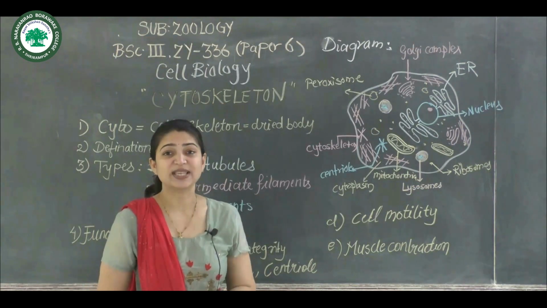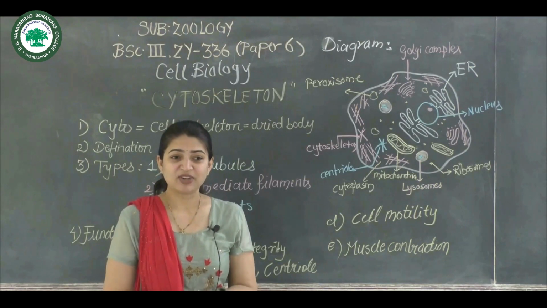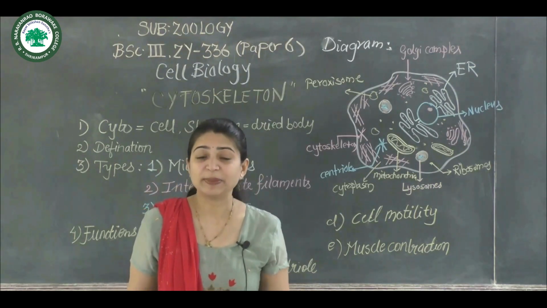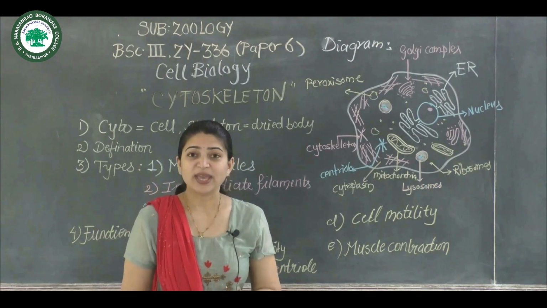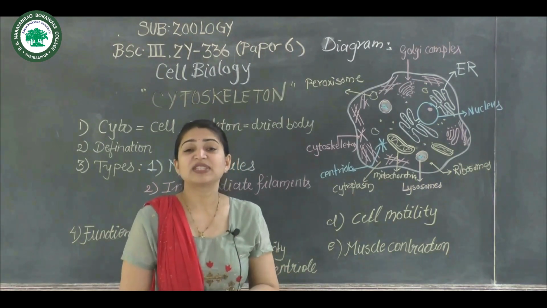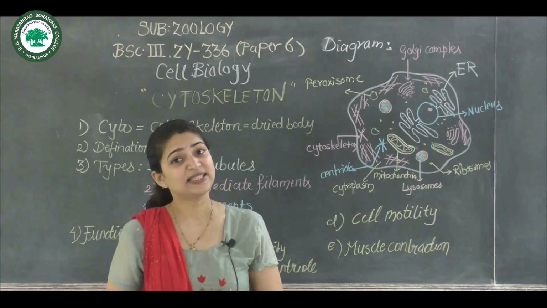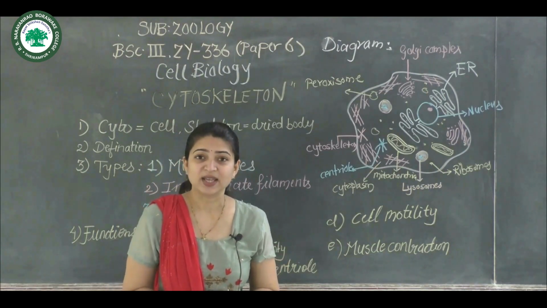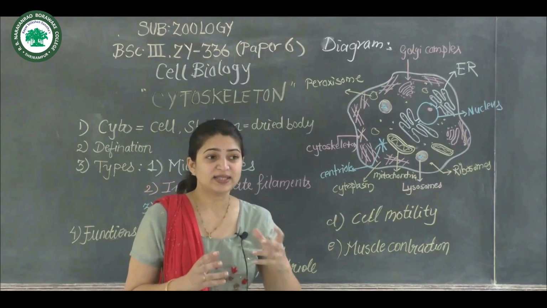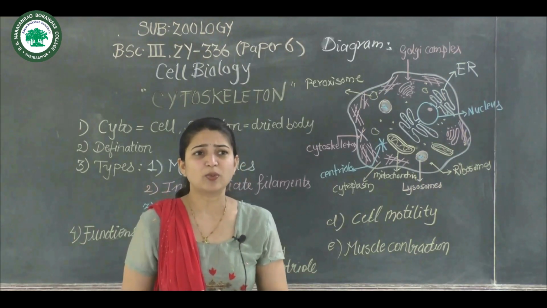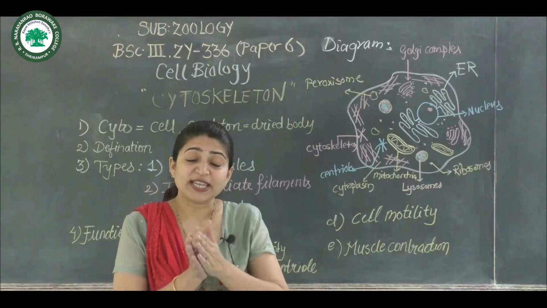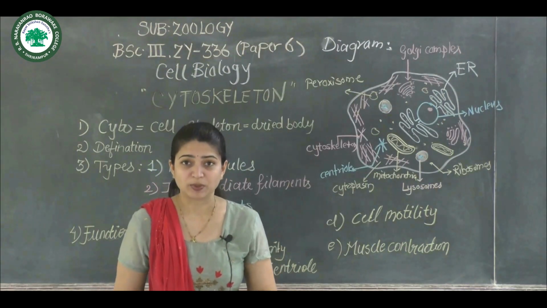called cytoskeleton. Students, I would like to tell you something about the skeleton that is already present in us also. The same kind of skeleton is present in the cells too, though it is not seen with our naked eyes, because all the cells are very microscopic and can be observed only under the electron microscope.